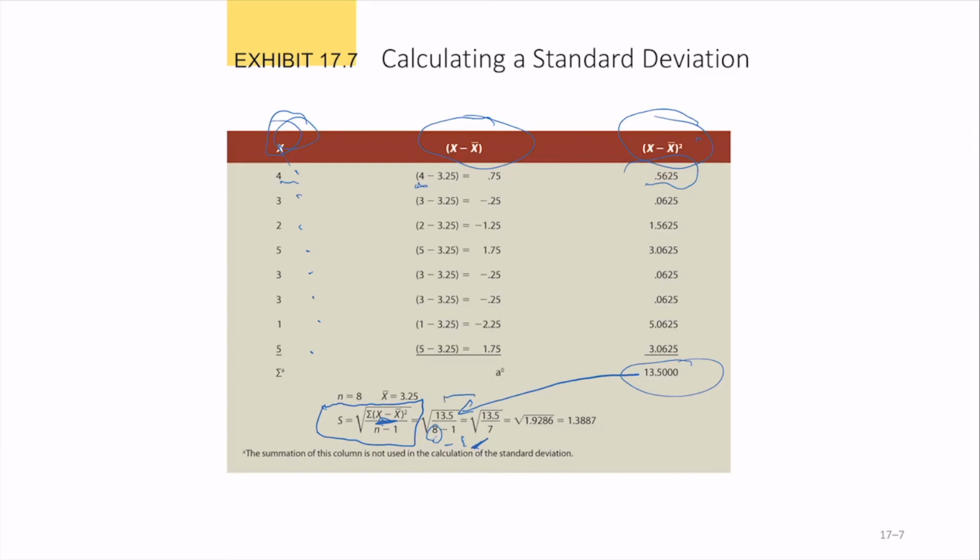So you have 13.5 divided by 7, and then you have this product, 1.9286. And when you do the square root, this is the product that you will have, 1.388.